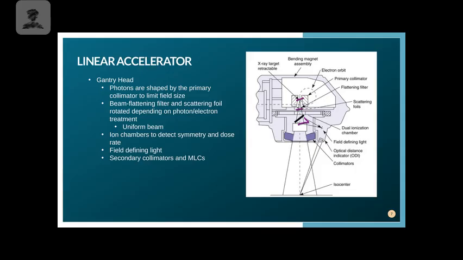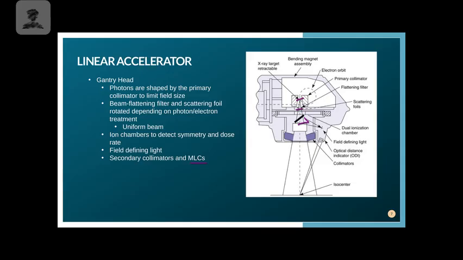So with X-ray, remember, we only usually have a square or a rectangle. But within radiation therapy, we have what are called multi-leaf collimators, also known as MLCs. They move in and out, and they can shape to any shape that we want to make.